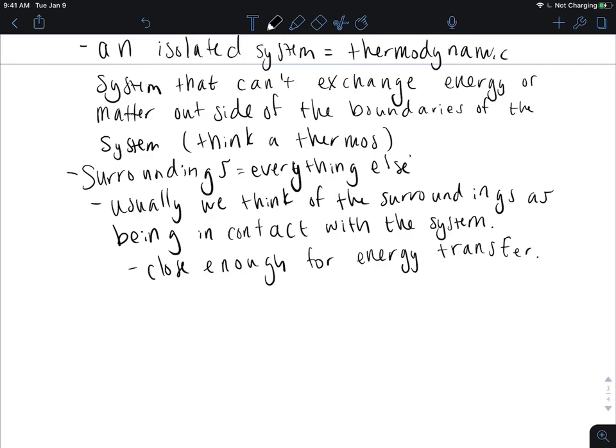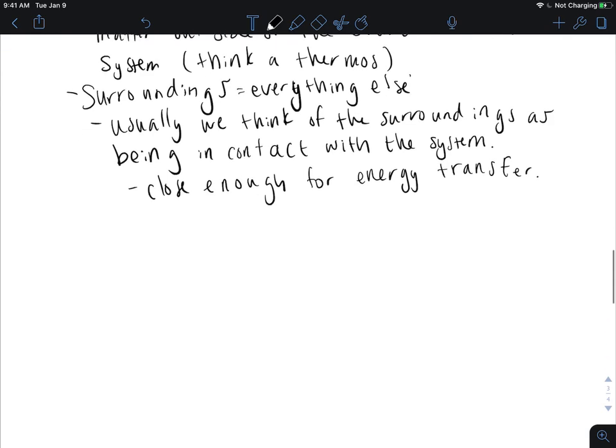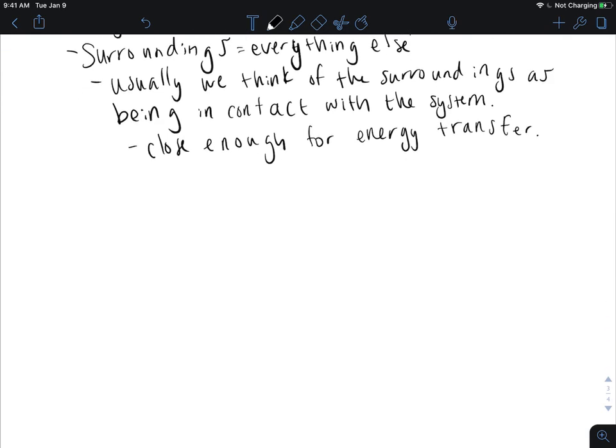Okay. We can think about a system and surroundings like doing a reaction in a piston. Let's try that again. Okay, so we've got our piston right here, and then in here we have a reaction.